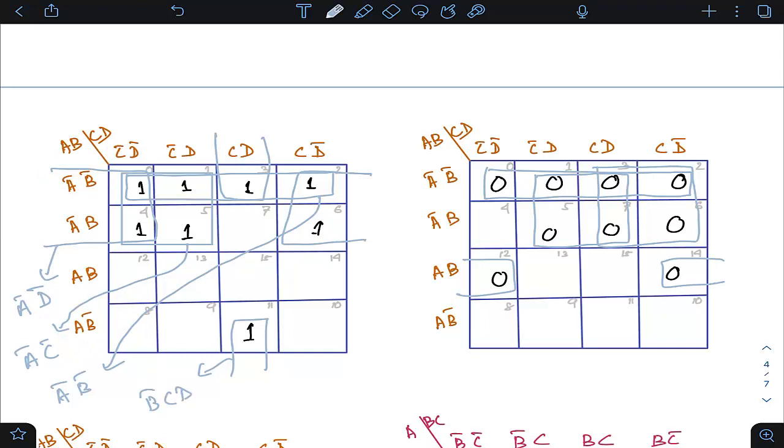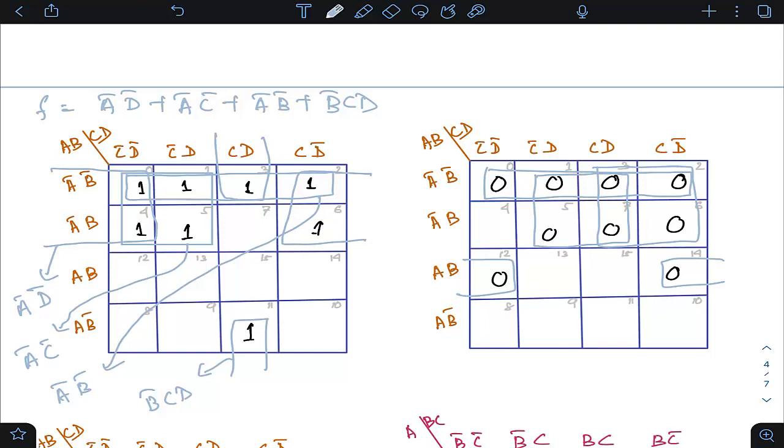So now you can write the answer F as A bar D bar plus A bar C bar plus A bar B bar plus B bar CD. So while solving the questions in mean term mode, each term will give you a product term, and so finally you have to write the corresponding SOP expression. So this is how it will look.